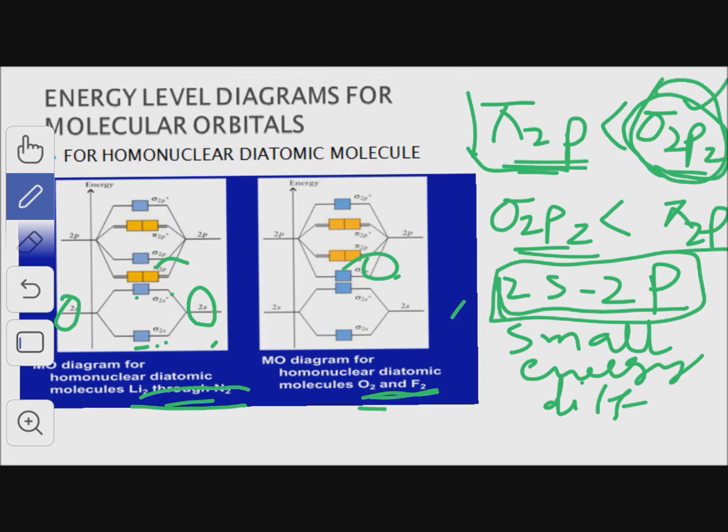This is due to more repulsive forces than attractive forces. But in the case of oxygen to fluorine, attractive forces are more than the repulsive forces. That's why the energy of the sigma 2pz is lower than that of the pi 2p.